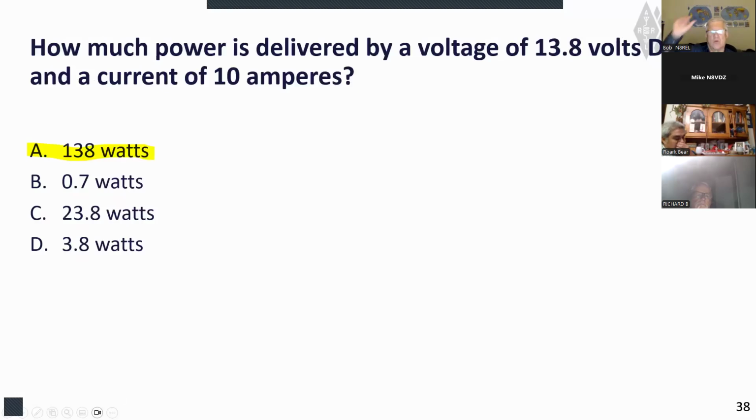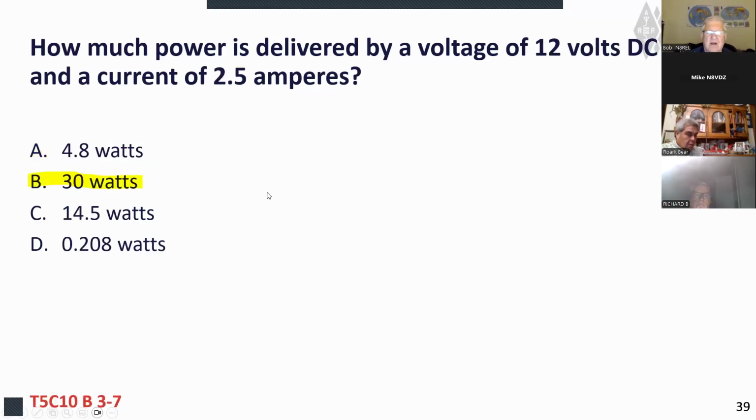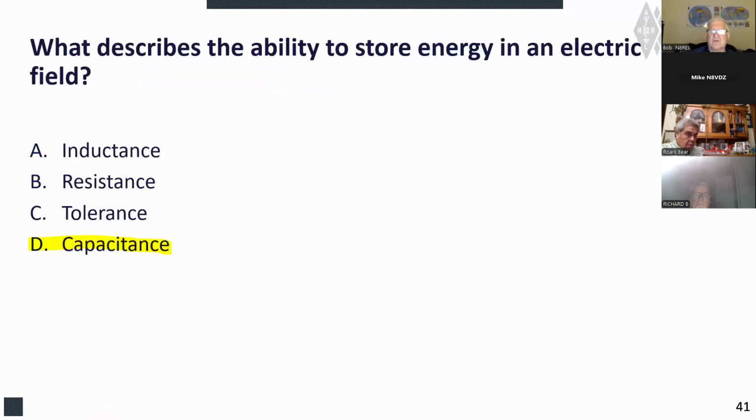And that works just exactly like the whole set of little arithmetic problems we just went through. So a voltage of 13.8 volts and 10 amps is going to give you a power of 10 times 13.8, or 138 watts. And again, there's a series of those real easy little multiplications.